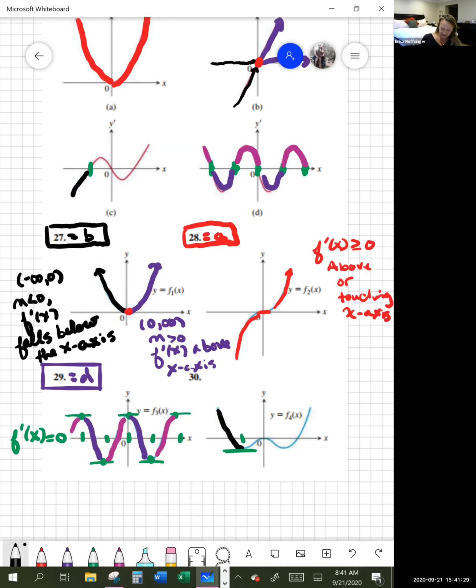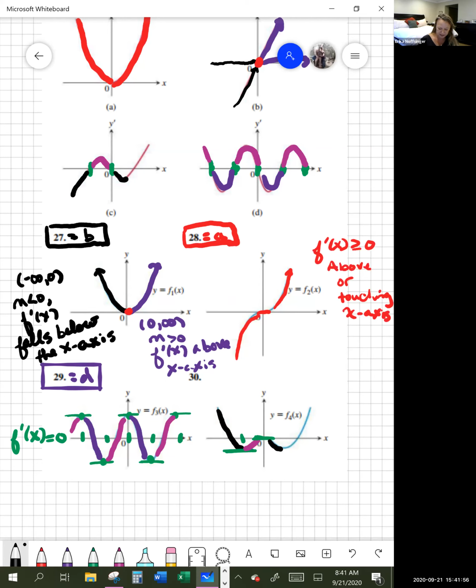And then here it's increasing. So it's going to be above the x-axis. Here at the origin, we have a max. So the slope is 0. We're crossing the x-axis. It's decreasing until we hit that min.